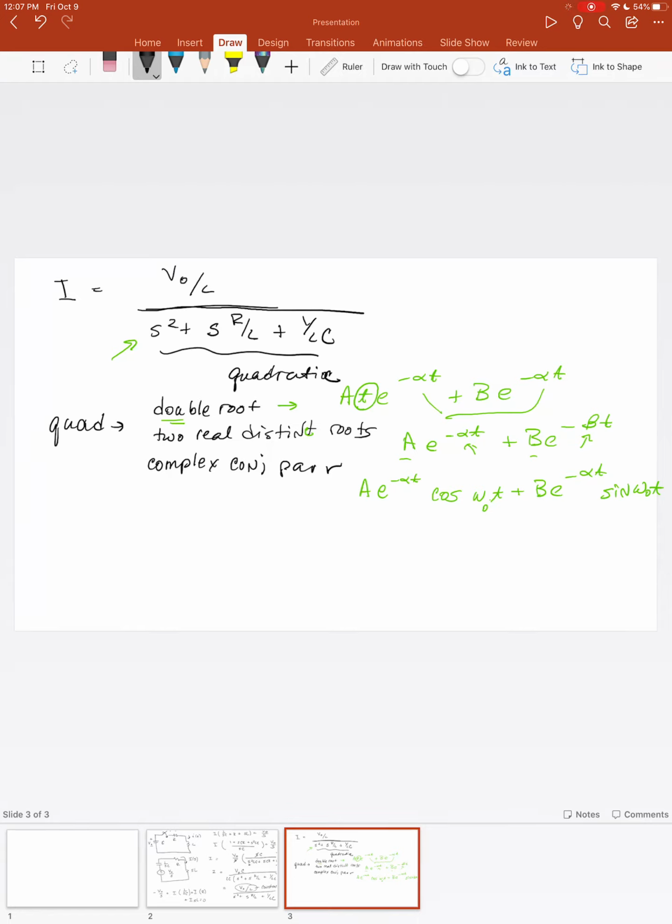I have s squared plus s times R over L plus 1 over LC.